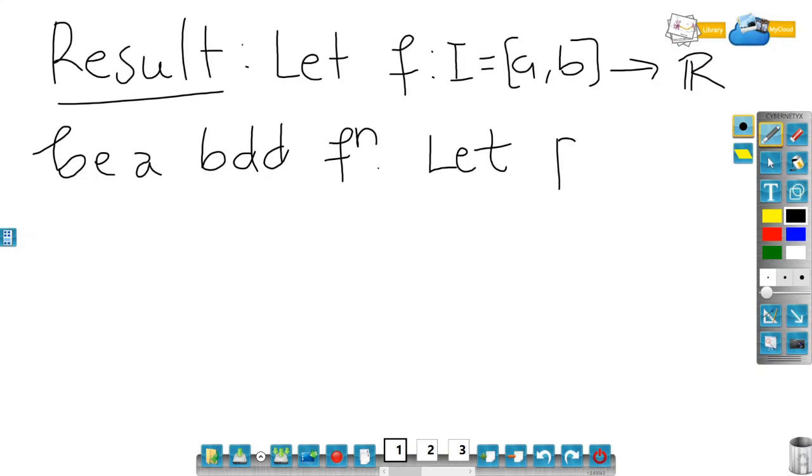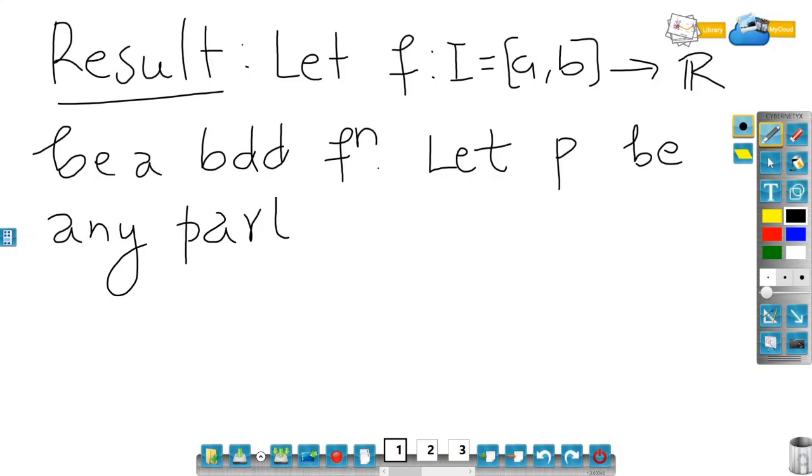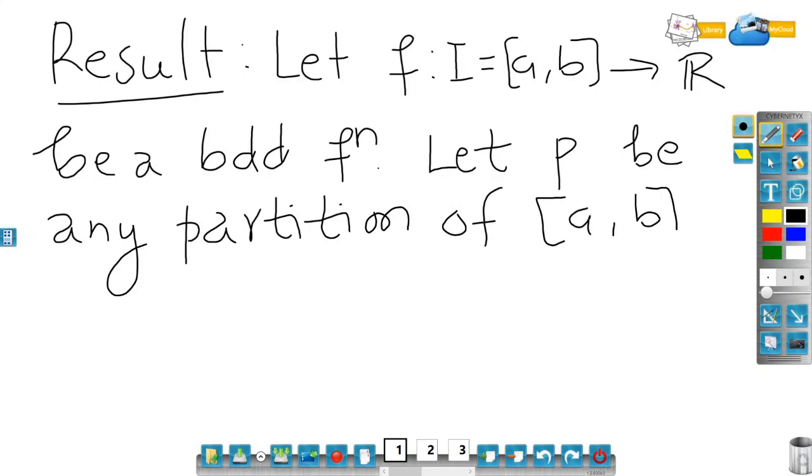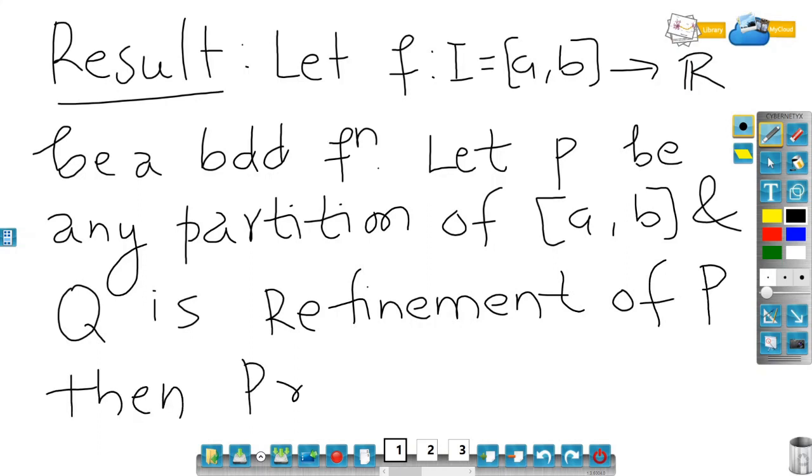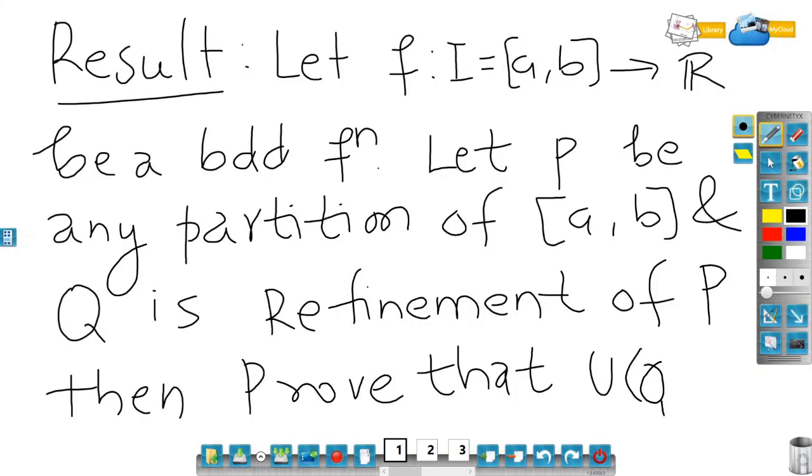Let P be any partition of [a, b] and Q is a refinement of P, then prove that UQF is less than or equal to UPF.